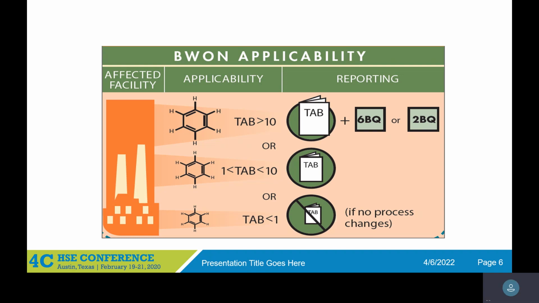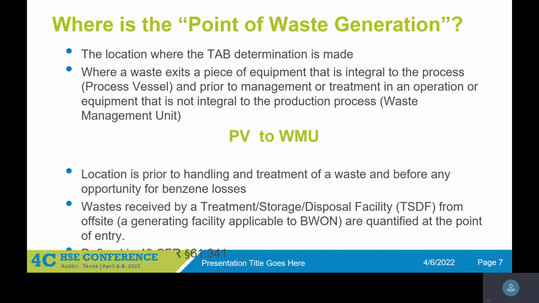So now we're going to go into how you calculate your TAB. You determine the TAB at the point of waste generation. This can get a little confusing, but basically it is the place where the waste exits the piece of equipment that is integral to the process. A very typical one of the major waste streams is your desalters. You use a lot of water in your desalters to desalt your crude, and then the water comes out, and that's not part of the process.